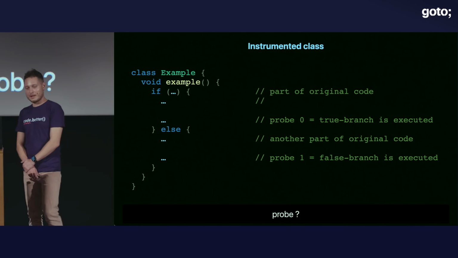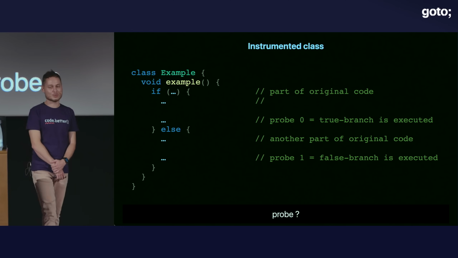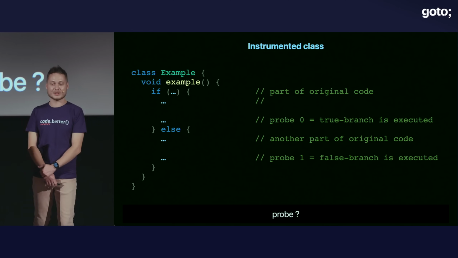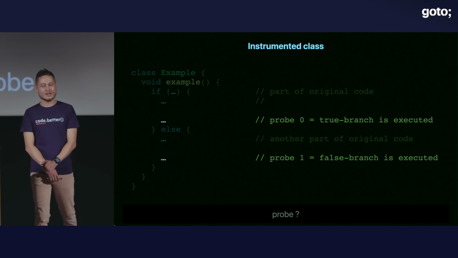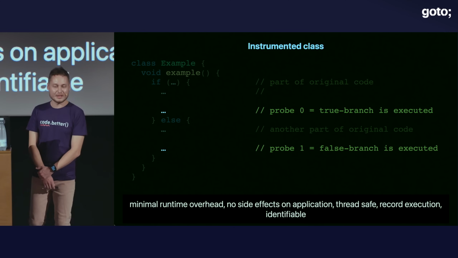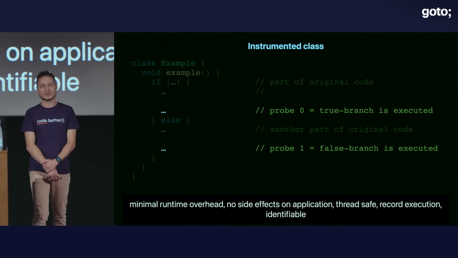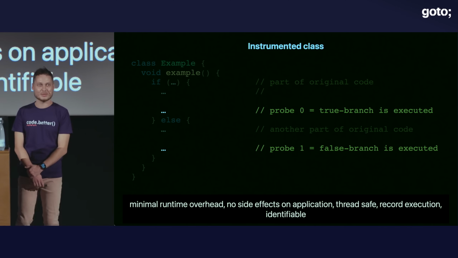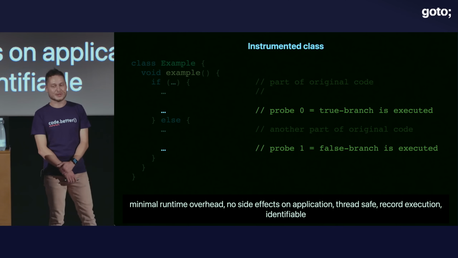So, now, what is the probe? Do you have any ideas what we can insert in the original class to record its execution? We have some requirements. It should have a minimal runtime overhead. Obviously, we don't want to slow down your program so much that testing becomes infeasible.